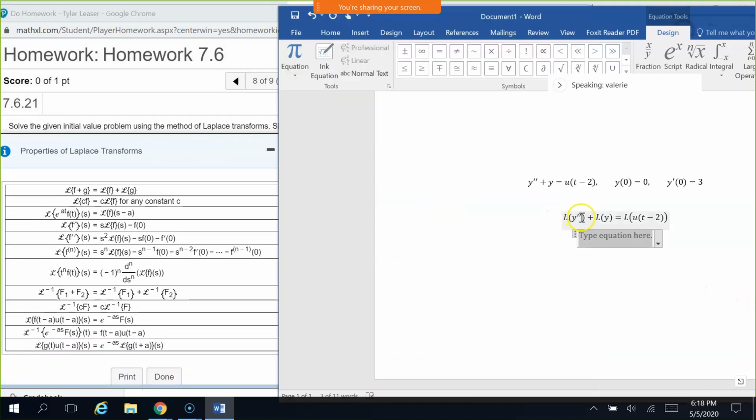So when you have the second derivative, that's this line. So it's going to be s squared, and then times the Laplace of y. That's going to be minus s, and then the function at 0, which is 0, minus the derivative of the function at 0, which is 3, plus we have the Laplace of y.